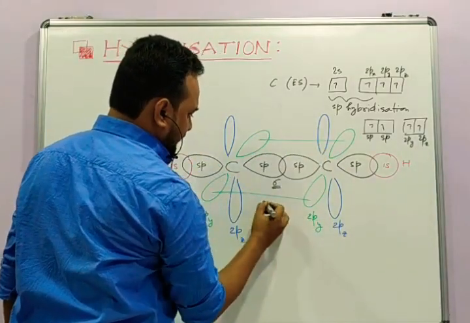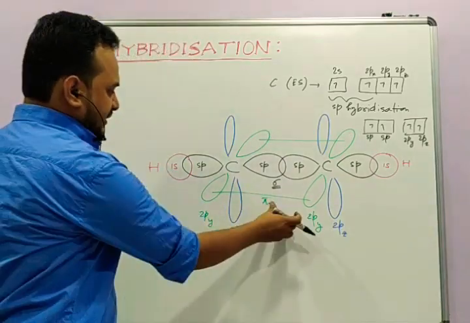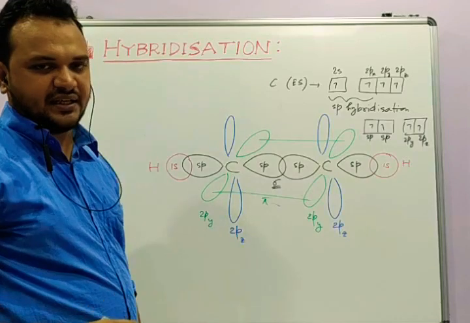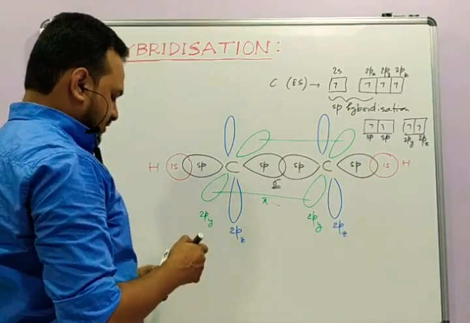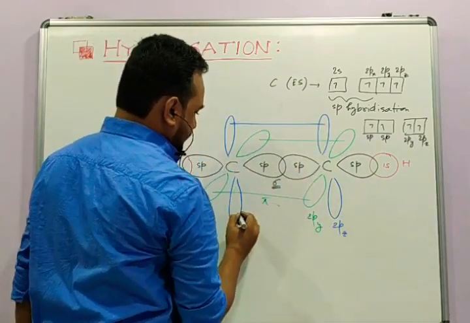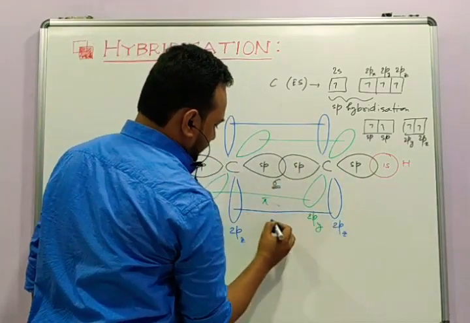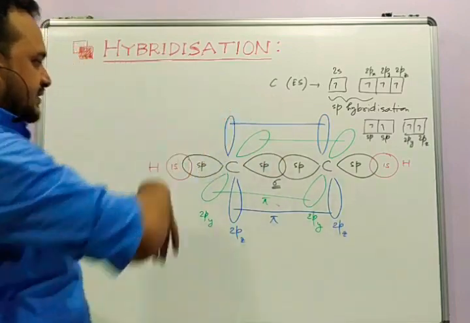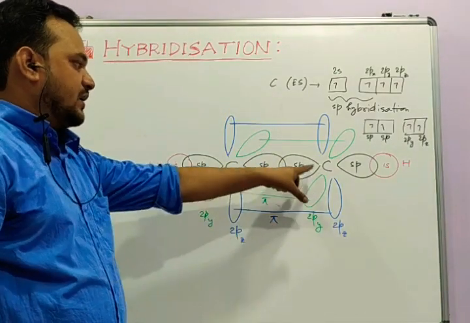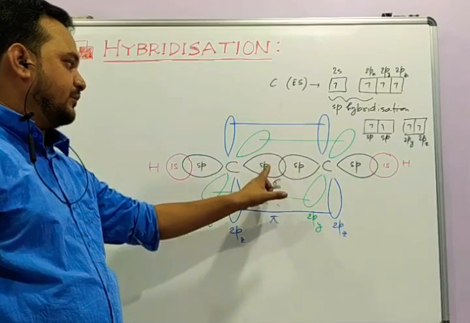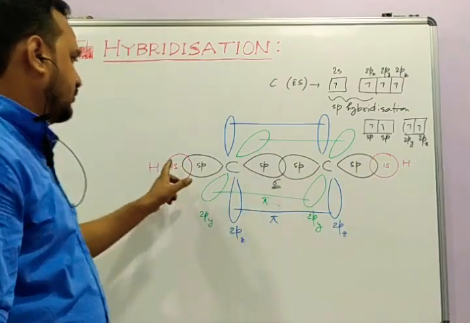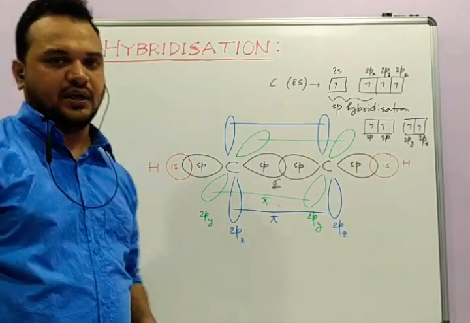That will give you one of the pi bonds, right? Similarly, 2pz and 2pz are again parallel to each other, so they also undergo parallel overlap to give you the other pi bond. So in this orbital diagram, you can explain the formation of two pi bonds, one carbon-carbon sigma bond because of overlap between sp and sp, and two CH sigma bonds because of overlap between sp and 1s.